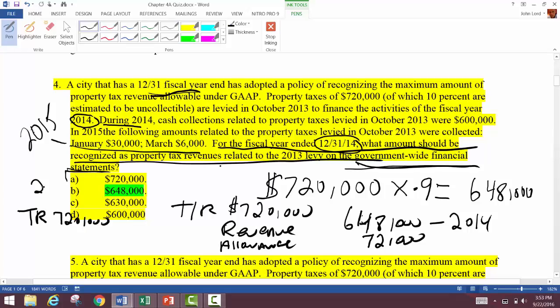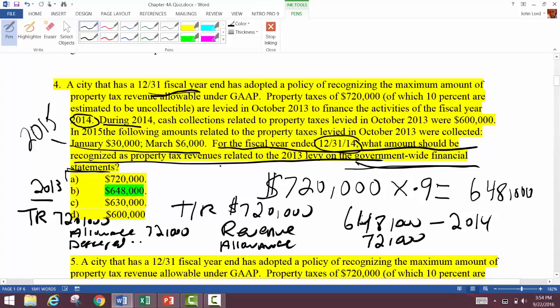This is in 2013 when we mail out the tax bills. Credit what? The allowance for the amount that's not going to be collectible, which is how much? 72,000. And for the portion that I think is collectible, I need to credit what? No, we don't call it unearned.